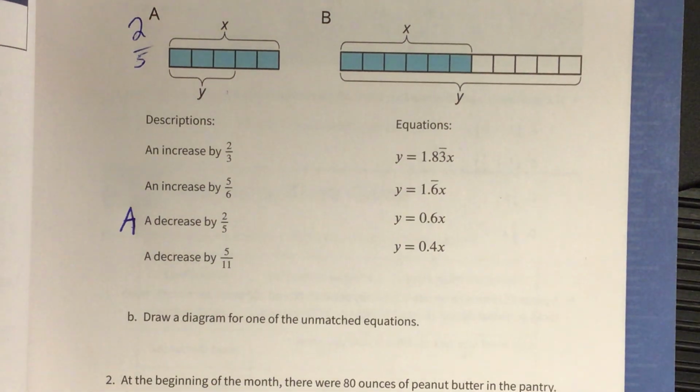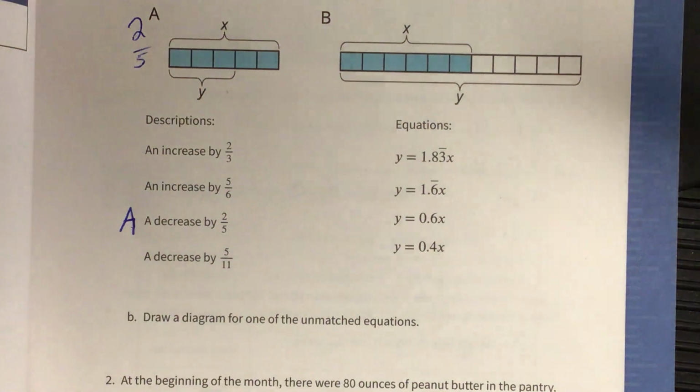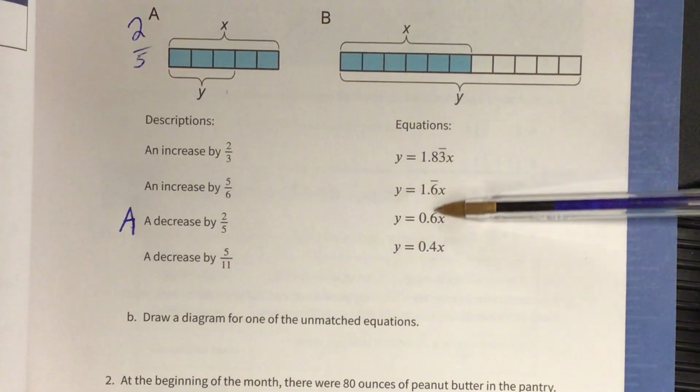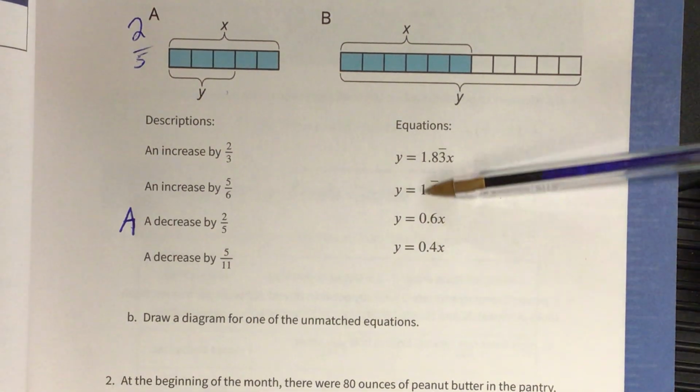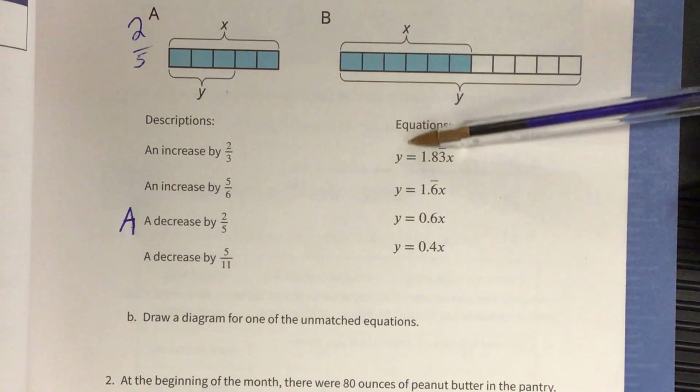Now we have to find the equation. So you have a pie. I ate 2/5 of it. How much is left? 3/5. So which equation as a decimal represents 3/5?